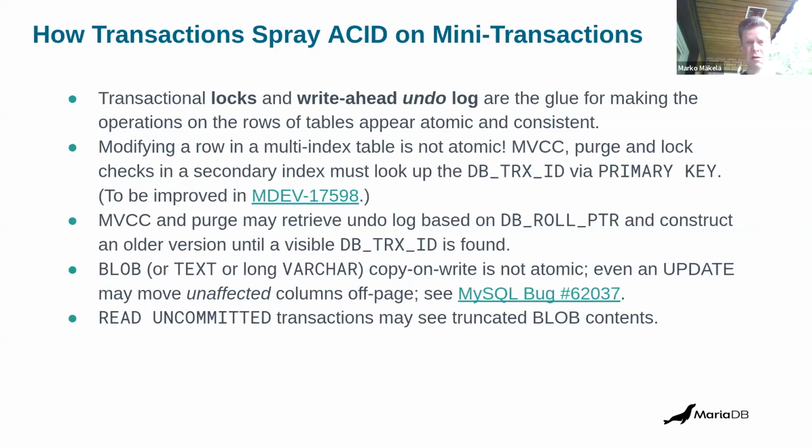Any other transactions will see a valid pointer to a blob, because they will fetch an earlier version of the clustered index record, or they will acquire a lock on the record, and then there cannot be any blob operation in progress.